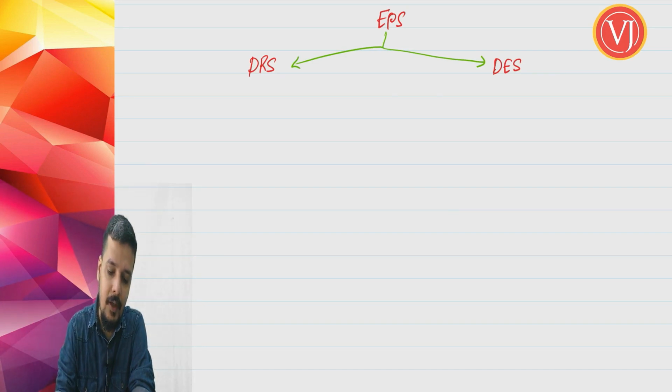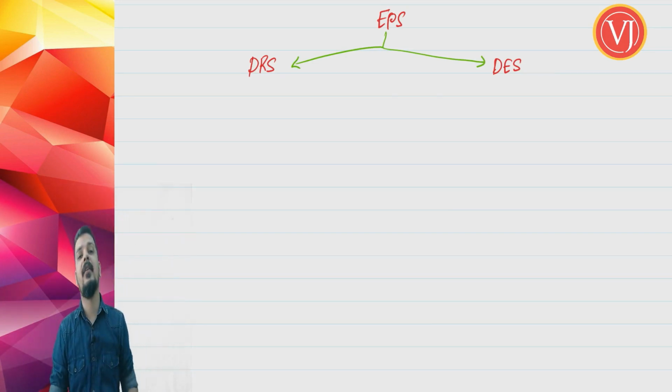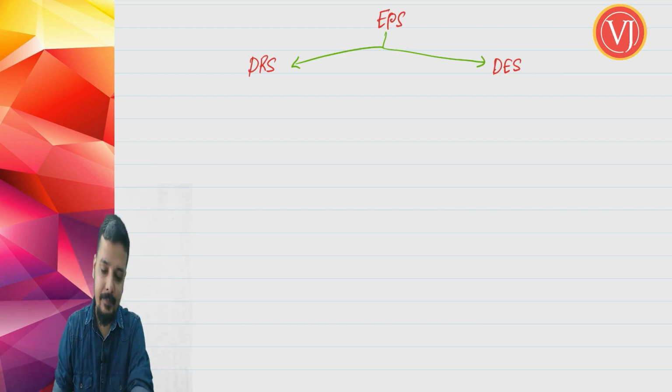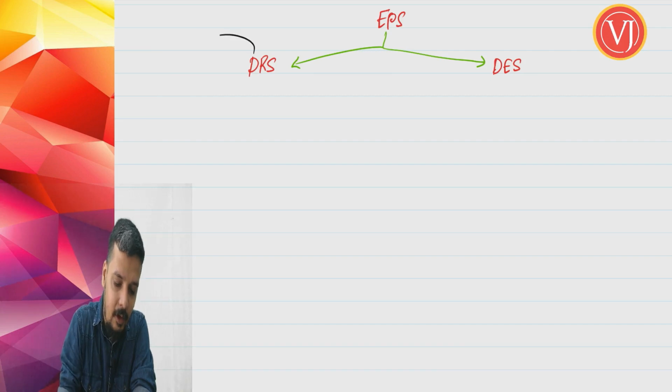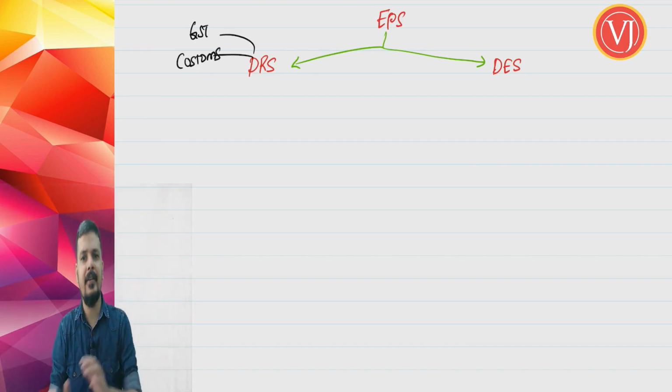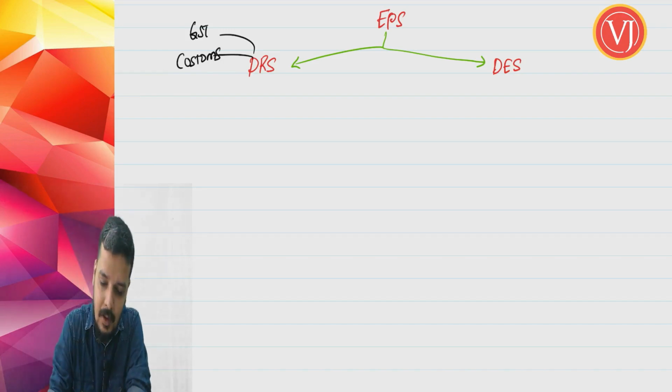The duty remission scheme we have already discussed in your Customs Act and GST law. We will just revise a bit and move on to the duty exemption scheme, which is given in the foreign trade policy.